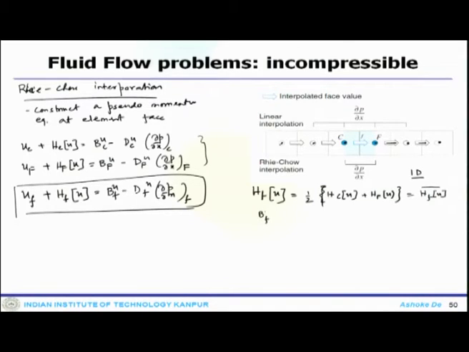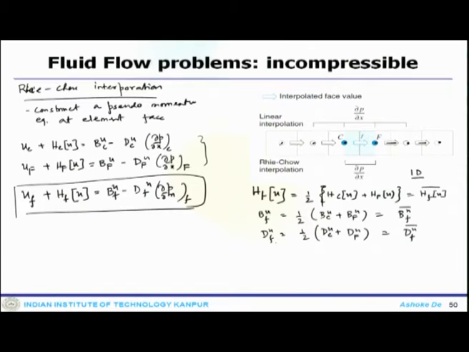Similarly, B_F^U is half of B_C^U plus B_F^U, which is B_F^U bar, and D_F^U is D_F^U bar.